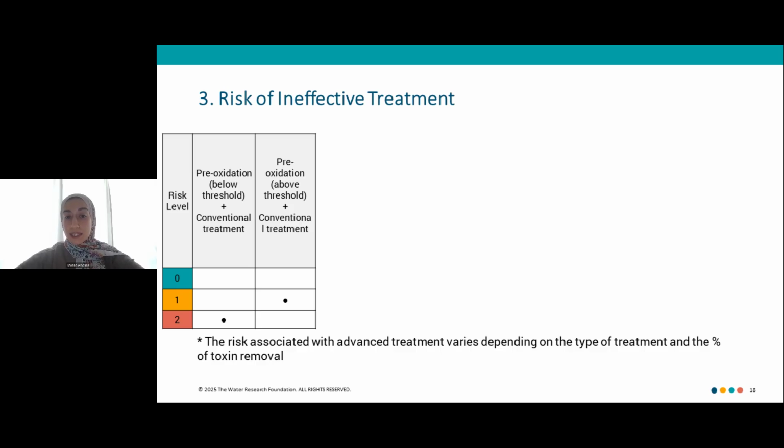Other categories can include advanced treatment. As we cannot go through advanced treatment one by one, we left it open to the utility to assess what kind of advanced treatment they are using, and if it's effective against cyanobacteria or not.